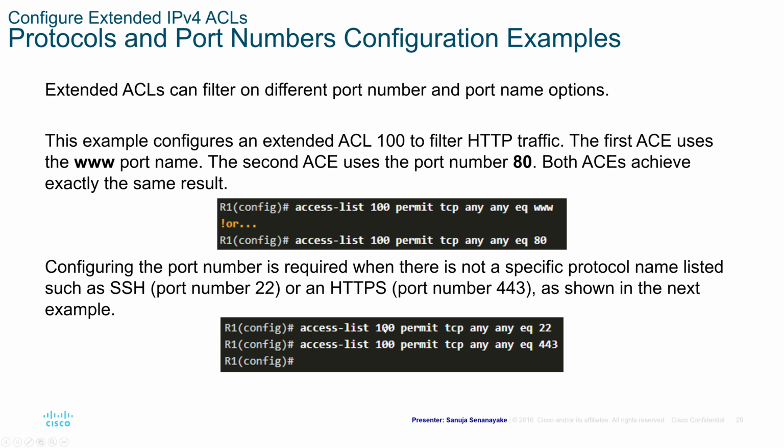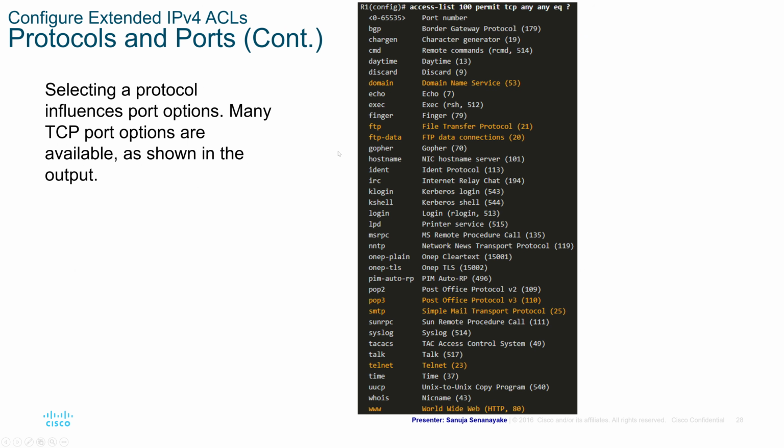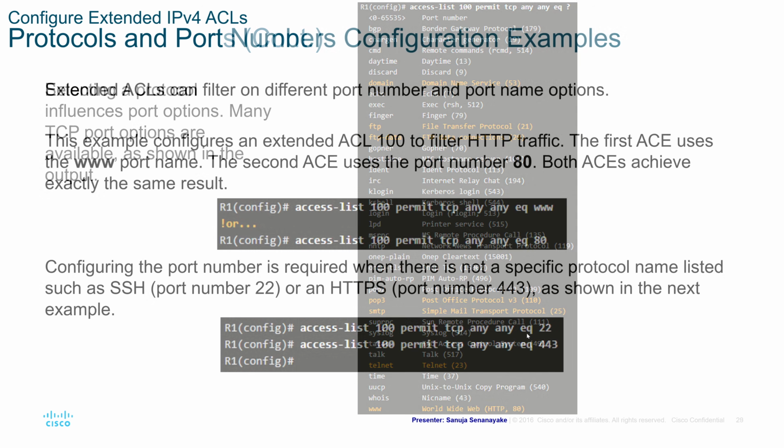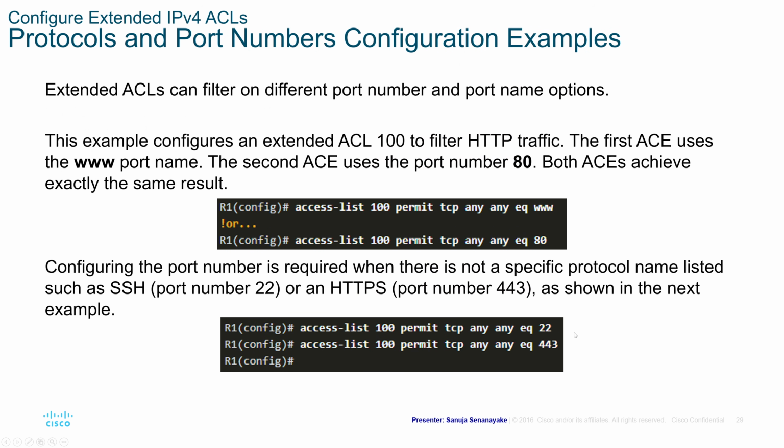So we're going to do access-list 100 permit TCP any equal to port 22 for SSH, and access-list 100 permit TCP any equal to 443 for HTTPS, the port 443 web data. That's how you do it, because there is no listed protocol name associated with SSH or HTTPS. That's why we must use the port number in this situation.